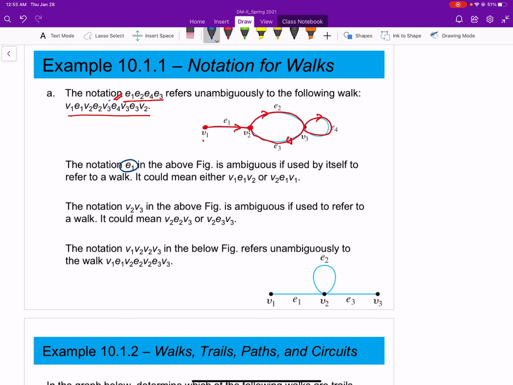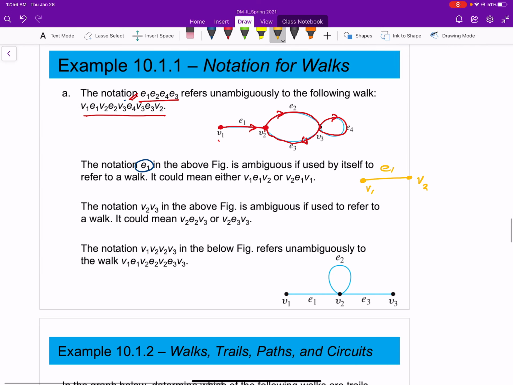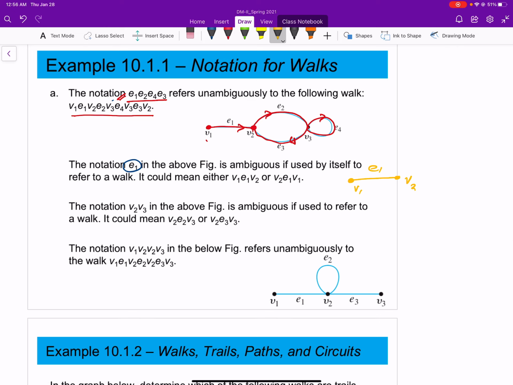Okay, I'm going to use a different color. Maybe this is E1 from V1 to V2. Just representing this path with E1 makes everything confused.